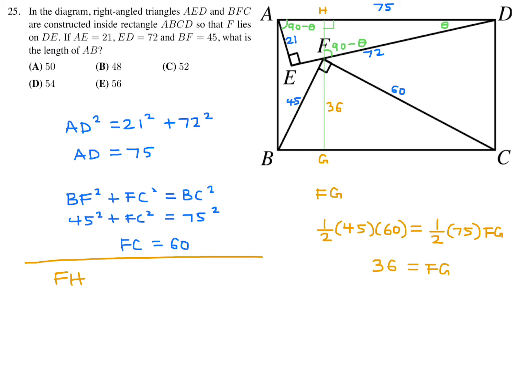So I've got a similar triangle situation here. This triangle right here, which would be, I guess, in terms of letters, DFH. DFH triangle is similar to this guy right here, that is ADE. And because they are similar, the ratio of the sides are the same. So here we go.